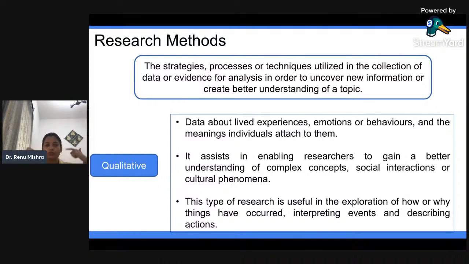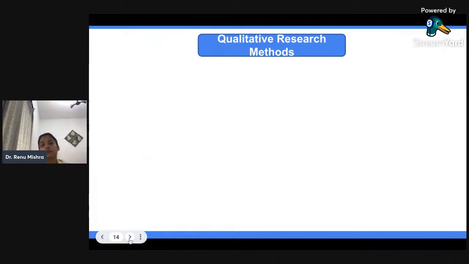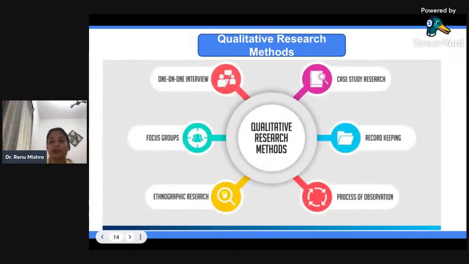So you are trying to generate an in-depth understanding about the chosen concern or the chosen research topic in hand. Now moving ahead to the next one, that is, qualitative research data can be obtained by all these methods.